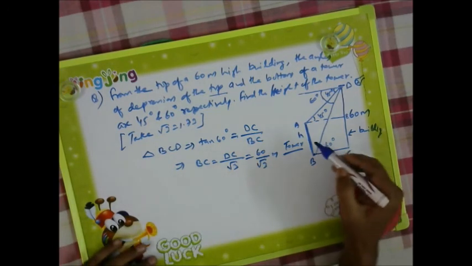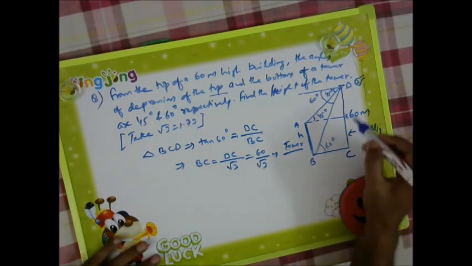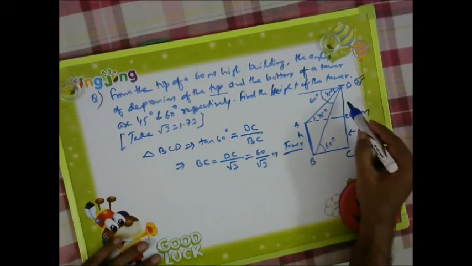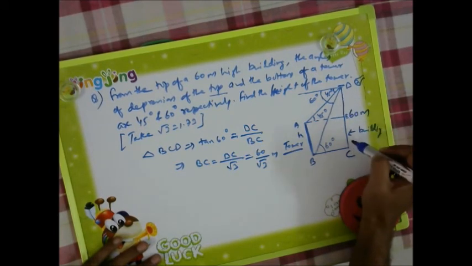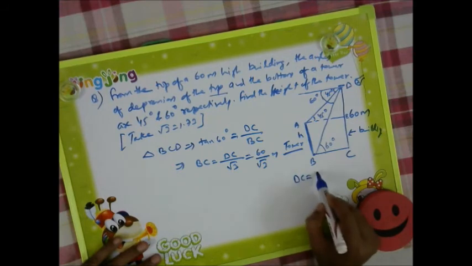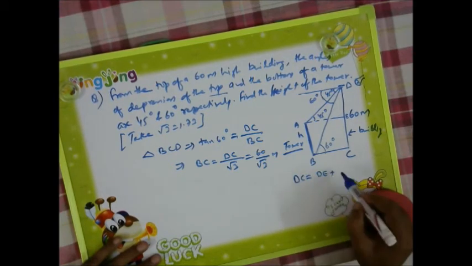Okay. So suppose this h, DC consists of this distance plus this distance, DE plus EC. So DC is equal to DE plus EC.